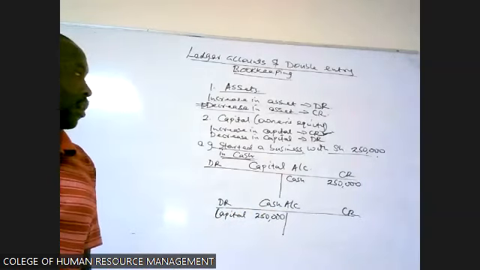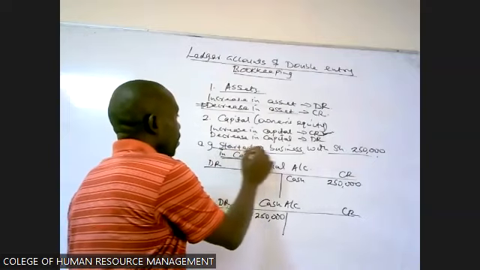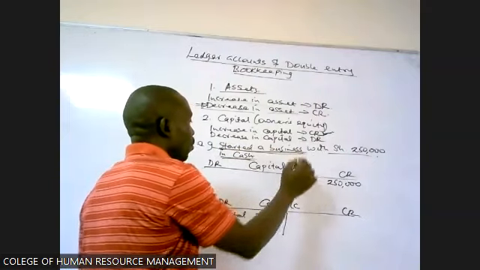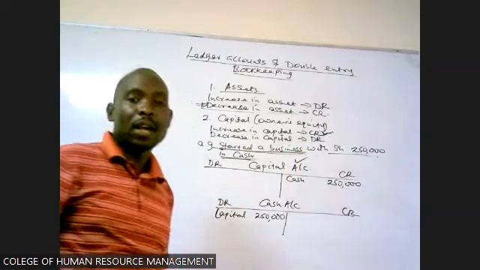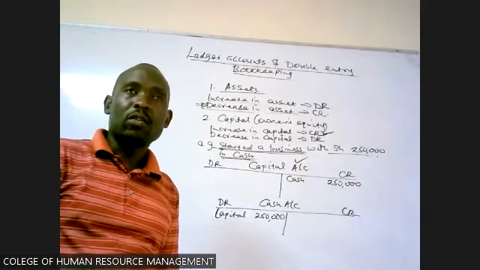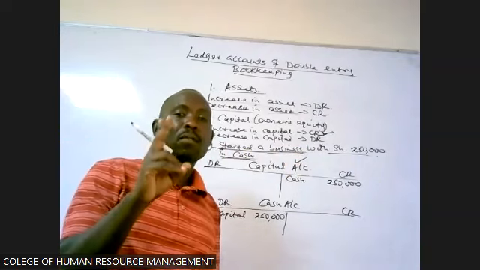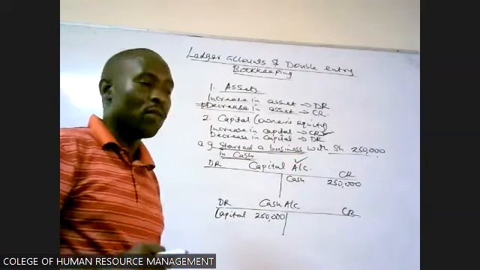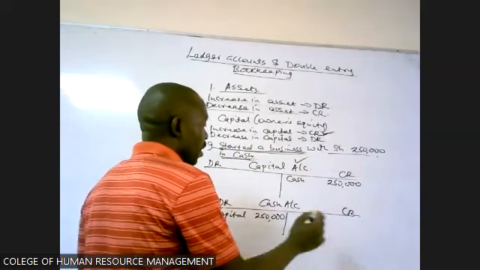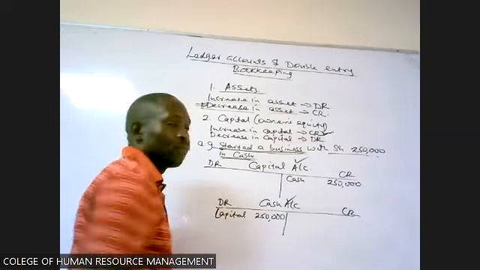So anytime capital is being introduced into the business, you will have to open the capital account, anywhere you are told started a business. And remember, capital can come in form of three ways. One way can be through cash, as we have done here.